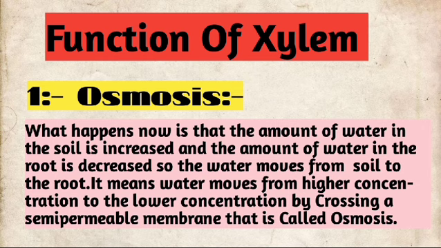What happens now is that the amount of water in the soil is increased and the amount of water in the root is decreased. So the water moves from soil to the root. It means the water moves from higher concentration to the lower concentration by crossing a semi-permeable membrane.